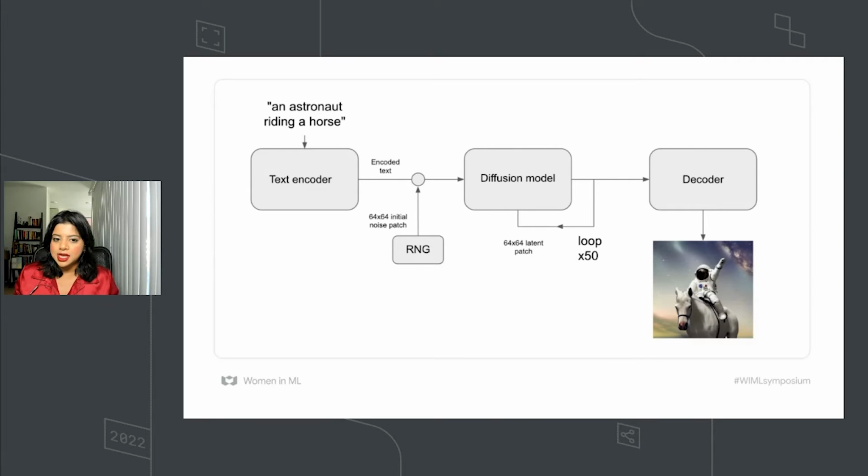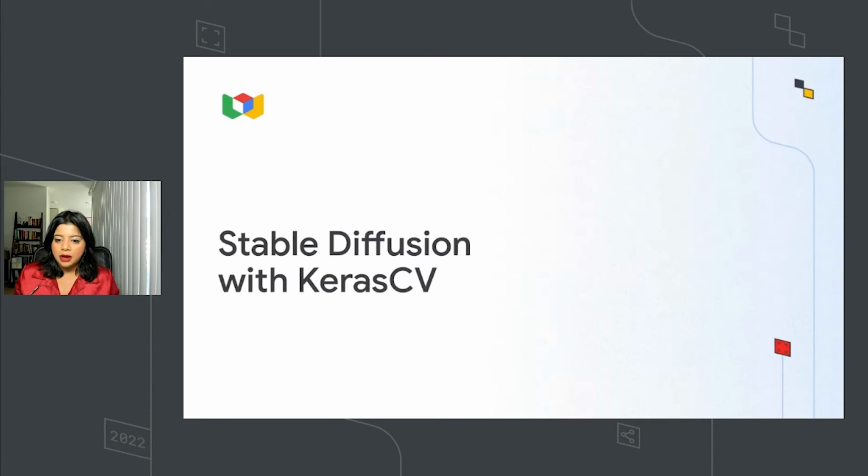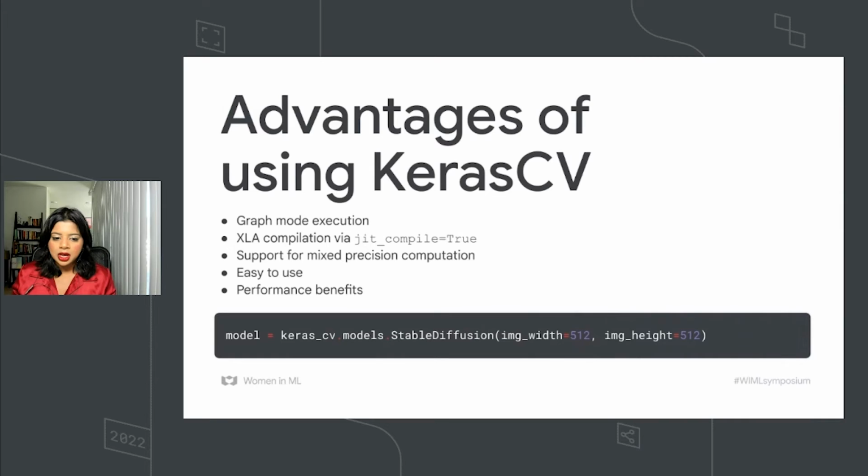With that being said, I will talk about Stable Diffusion with KerasCV so we can see this process live. There are several APIs available through KerasCV for Stable Diffusion, and I'll be walking you through a couple of them.